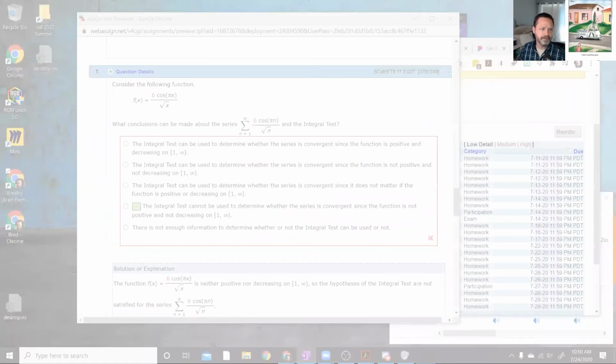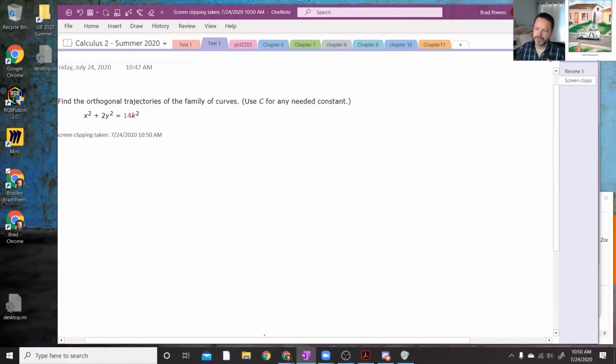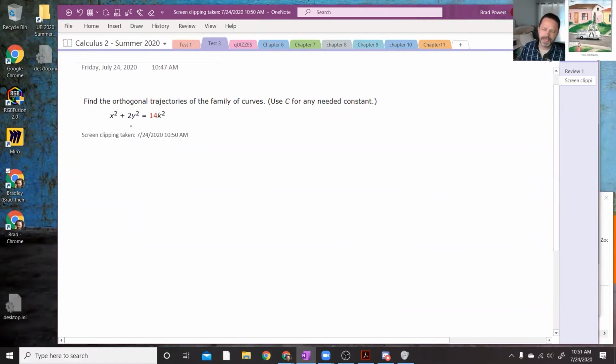Well, here we go. Okay, so find the orthogonal trajectories to the family of curves you see for any needed constant. Okay, so we have these curves here, whatever they are. x squared and y squared, they're conic sections, right?